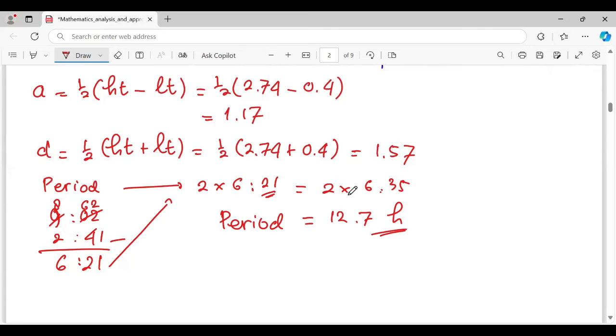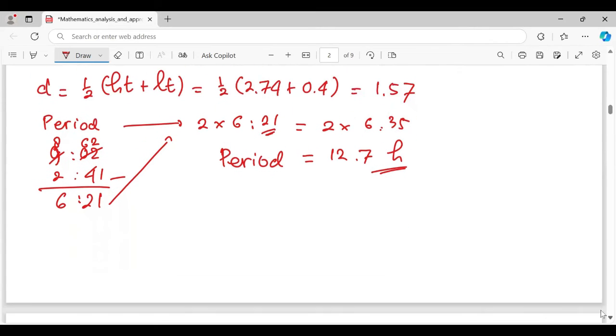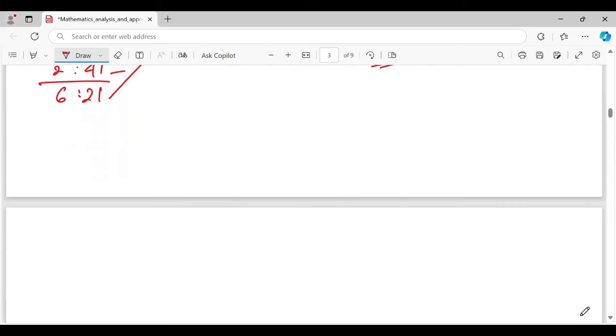Right. Now we're going to determine B. B is 2 pi over period, because one period is 2 pi. One period, according to our previous calculations, is 12.7.